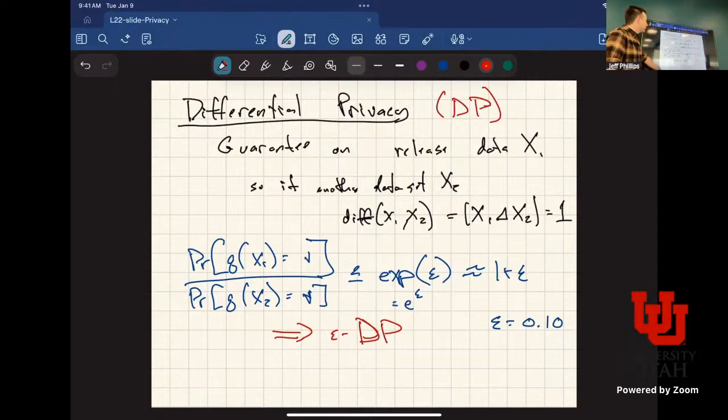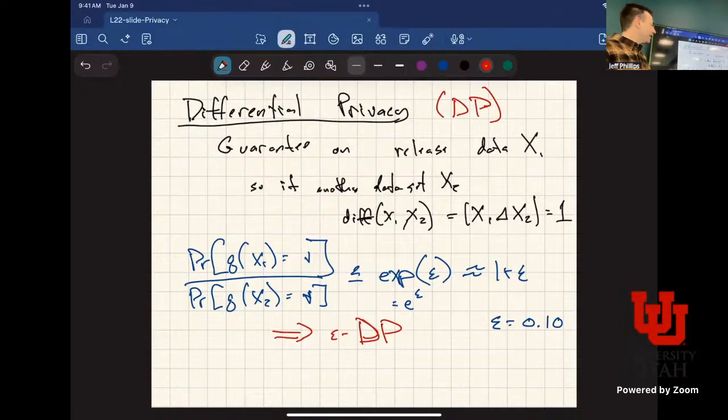So if I have this for any two data sets that differ by 1 in some way, where my data point is in there or not, and I make a query that somehow adds noise to the result, so the returned value is probabilistic, and the ratios of the probabilities are always bounded by 1 plus epsilon, within 10% of each other, then I can say this is epsilon differentially private.